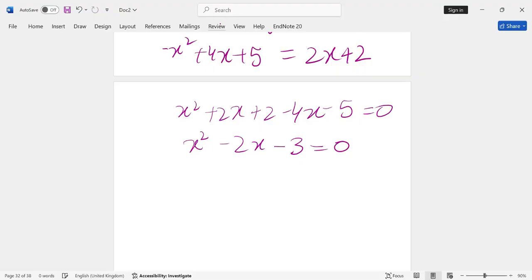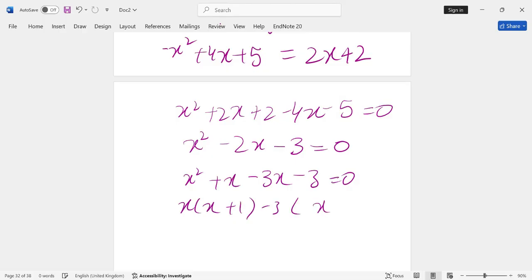Now we have to factor these values. We have x squared plus x minus 3x minus 3 equals 0. So we take x common, x plus 1, and here we take minus 3 common, x plus 1 equals 0. So we have x plus 1 and x minus 3.